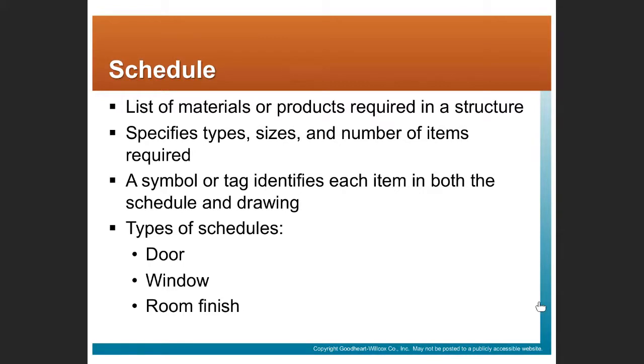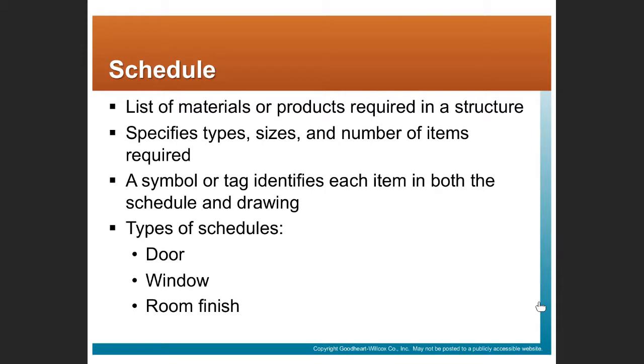The last type of thing we'll see in a set of architectural plans would be schedules, right? These are lists of materials or products, right? They specify the type, sizes, numbers required. Hopefully we see a similar tag on the floor plan that refers to the schedule.